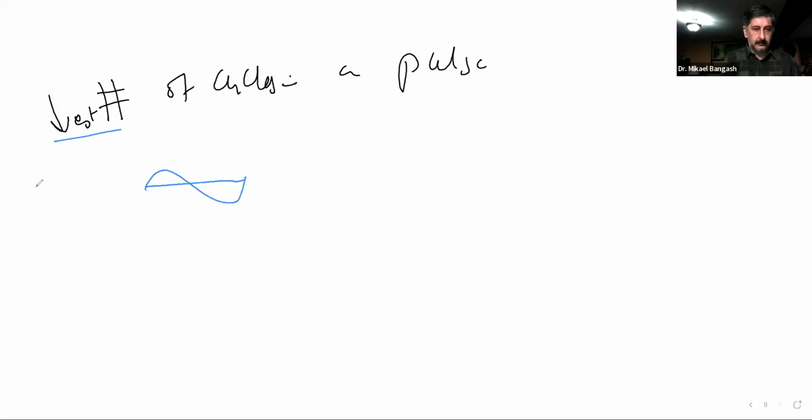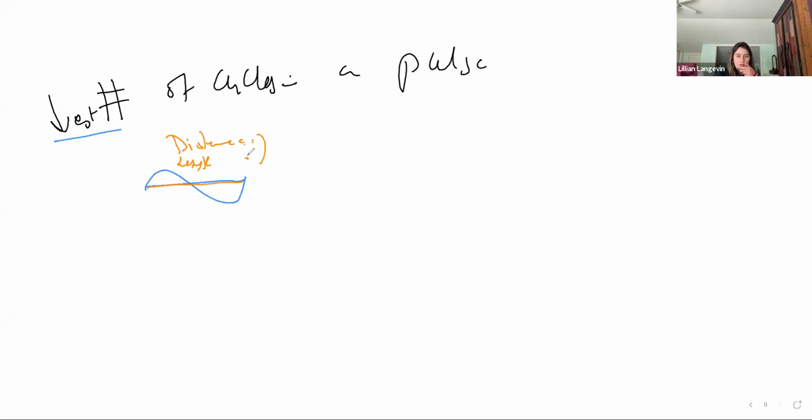What would you call the length of that cycle, if you measure from here to here in terms of distance or length? Wavelength? Okay, good.